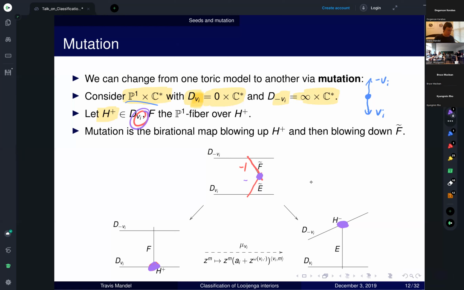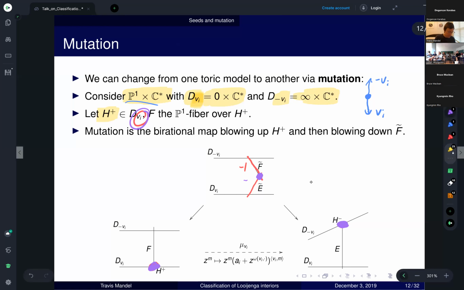And the mutation is just the blow up followed by a blow down to a new toric model. And if we had a whole bunch of V_I's, you could do these mutations for any of them, and glue together all those different algebraic tori, and together they give you your full Looijenga interior up to codimension 2.